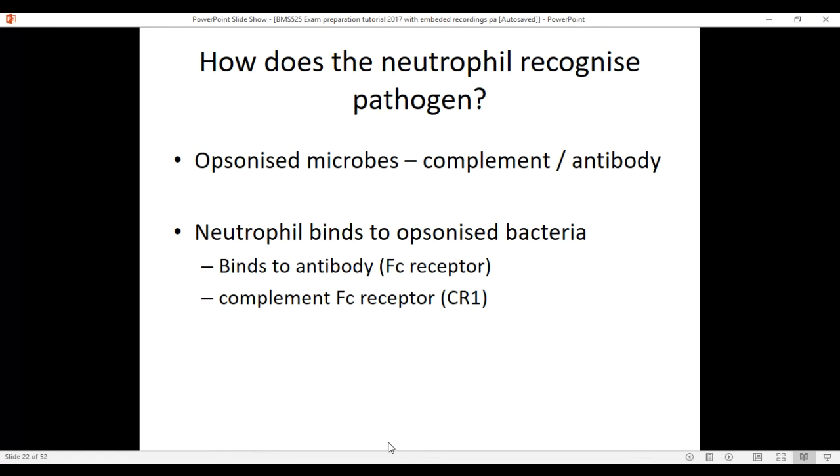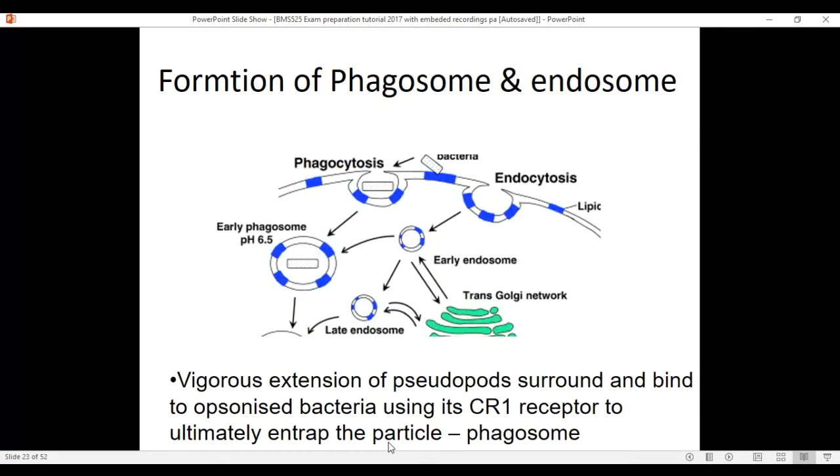And by attaching to the Fc region of the antibody, it enables it to latch on and subsequently phagocytose, or take up, the microbe and the antibody to break it down. Likewise, if it's C3b or C4b, the neutrophil will use its CR1 receptor, and that will enable it to attach and phagocytose the material.